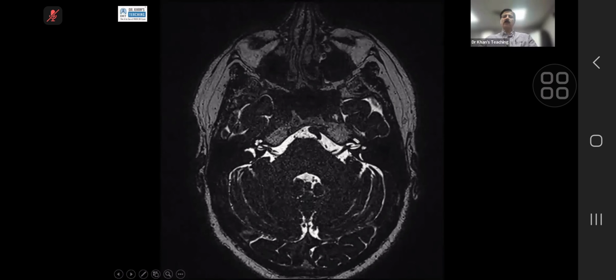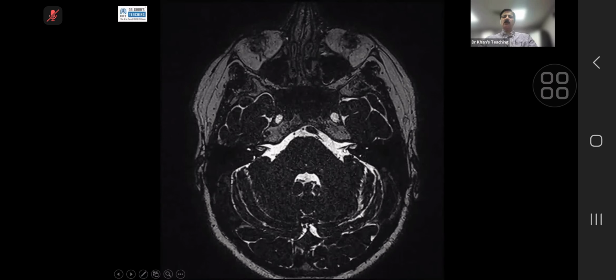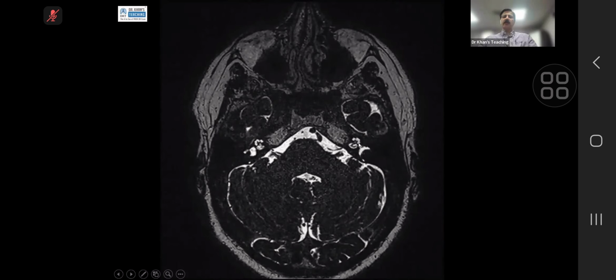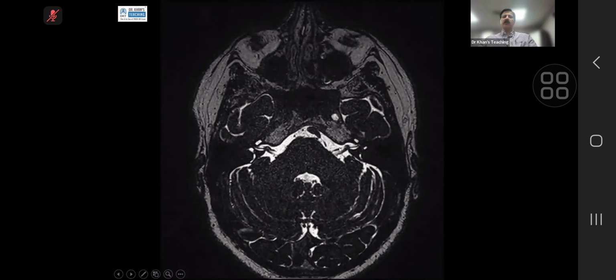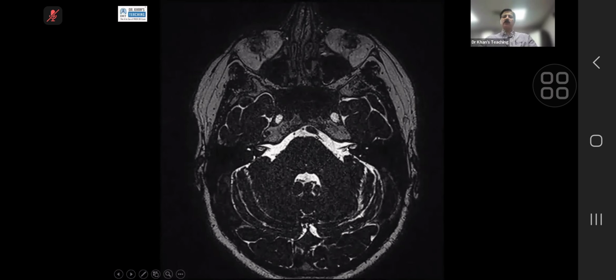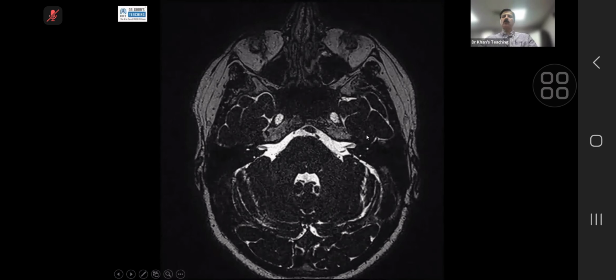Let's go to our friend, the facial nerve. And you can see there is a thinner nerve than this one here. And this thing goes. And you can see that the cochlea, it is going superior. So the cochlea is no more visible, which makes sense. And then you lose it.